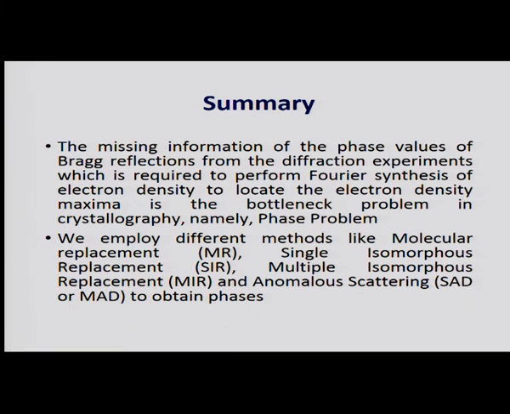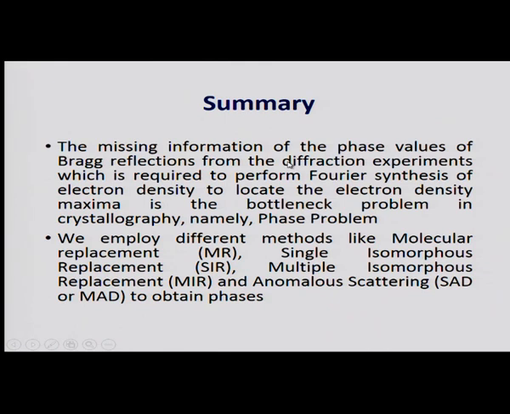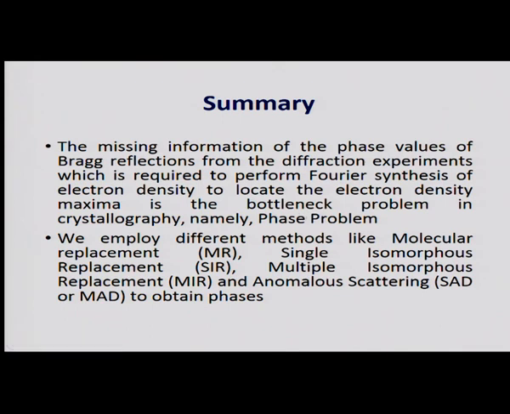So, in summary, what you have to learn is this important topic what we have seen today. Phase information is needed in diffraction to calculate a Fourier to locate the atomic site, but unfortunately the Fourier methods require not only the Bragg intensities from which you get structure factor amplitudes, but also the phase angles of these Bragg reflections, but experiment does not directly give you the phase angles.